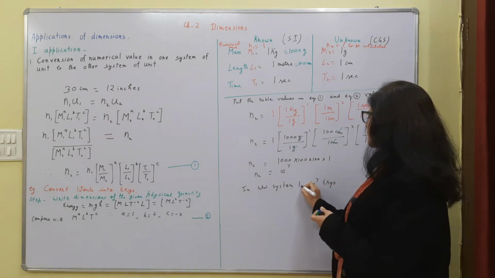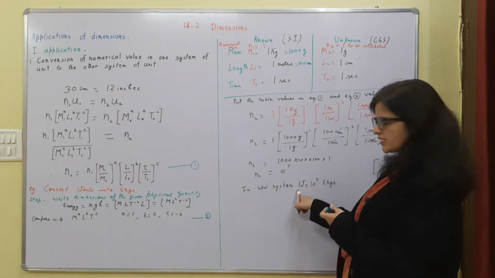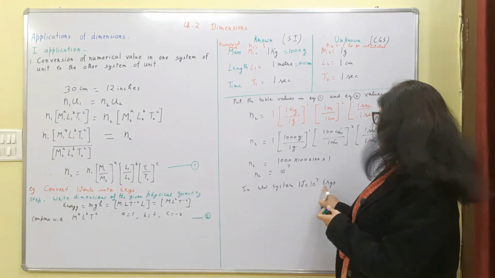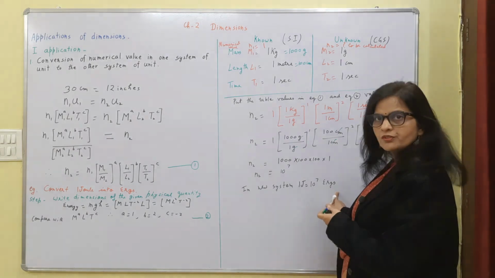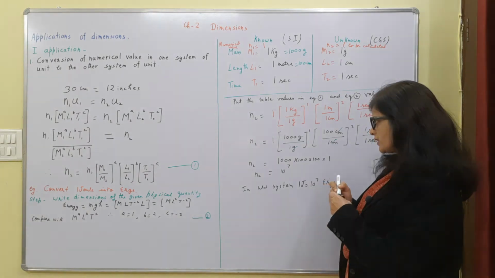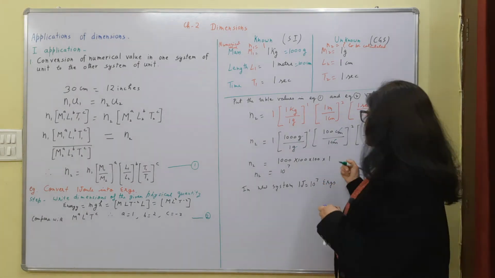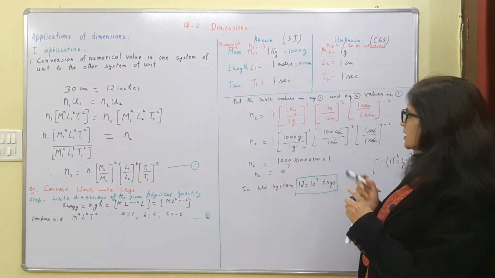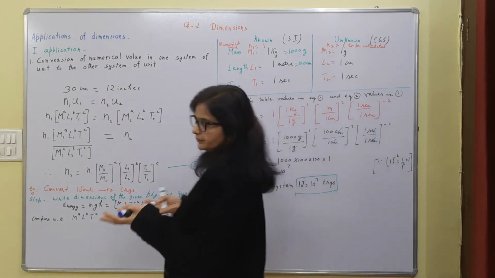So we can say that 1 joule, that means numerical value in one system into unit of one system, is equal to numerical value in the other system into unit of the other system. So this gives me the numerical value in the new system. This is how we write the final answer. So this way we can calculate any question.